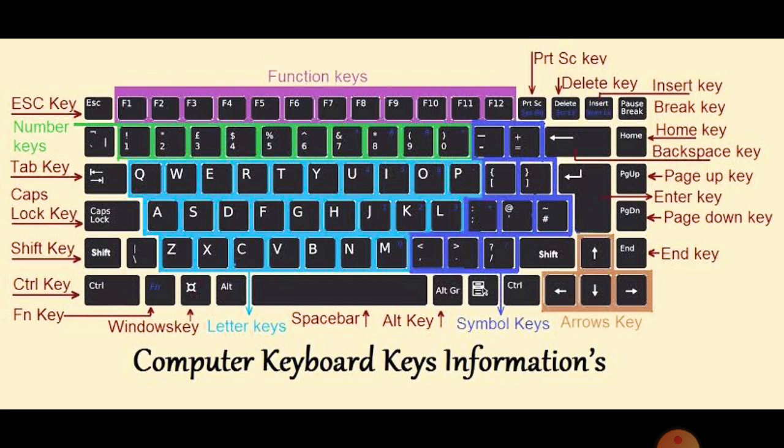These are lots of keys on the keyboard. A multimedia keyboard has 109 to 114 keys. As you can see on the screen, it shows the computer keyboard keys information. One by one we will understand the keys.